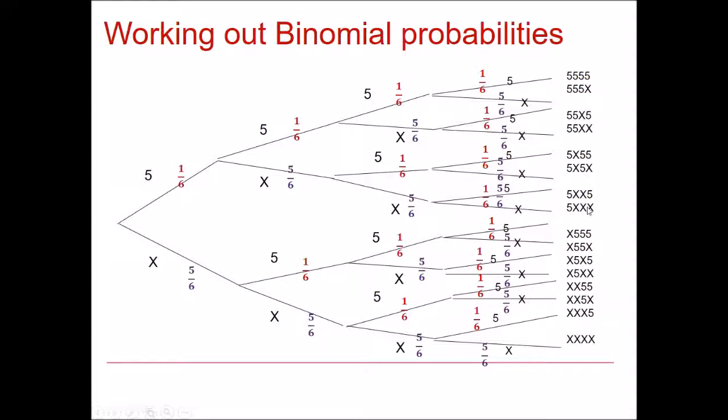And all of those 4 different ways of getting 3 5s will have the same probability. And that's the same for getting 2 5s and 2 non, or 3 non and 1 5. And then there's only one way of getting 4 5s and one way of getting no 5s.